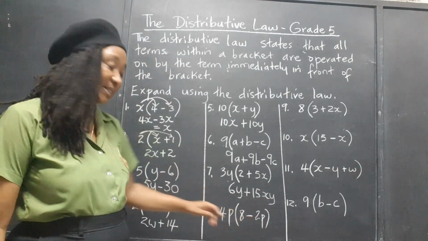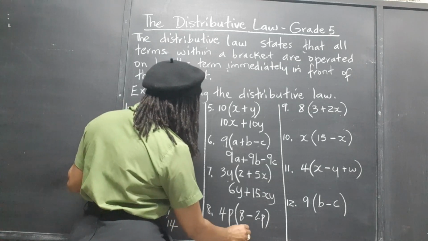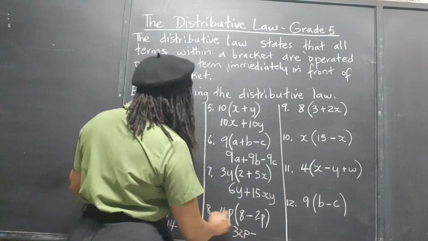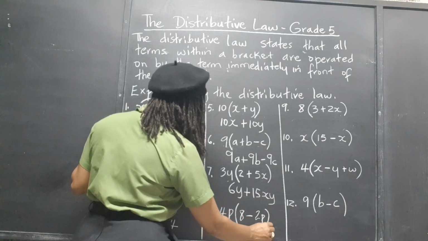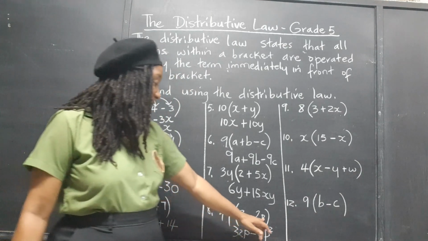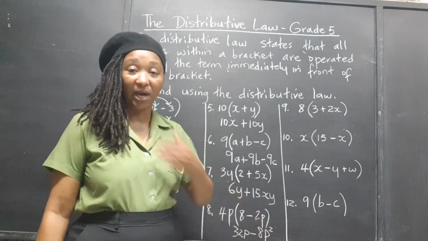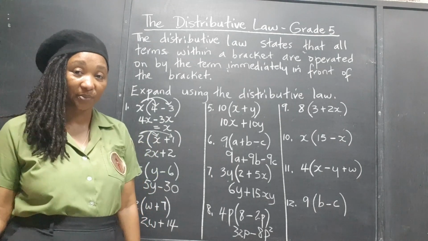4p times 8, 4 times 8 is 32, so that's 32p. 4p times 2p, that will be 8p squared. P times p is p squared. Remember, a term times itself, you're squaring the term.